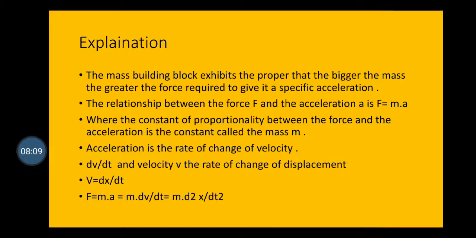The force F and the acceleration a are related by F = m a, where the constant of proportionality between the force and the acceleration is the constant called the mass m.